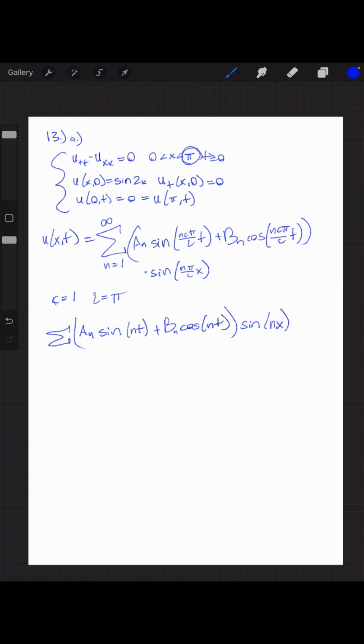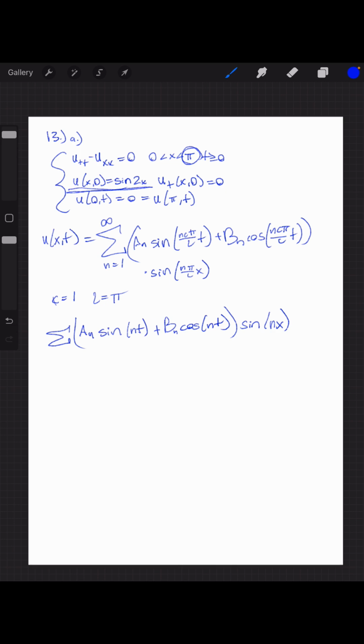So we can start with this initial condition, which gives us what happens when t is 0. So when t is 0, sine of 0 is just 0, so the a_n term gets removed.